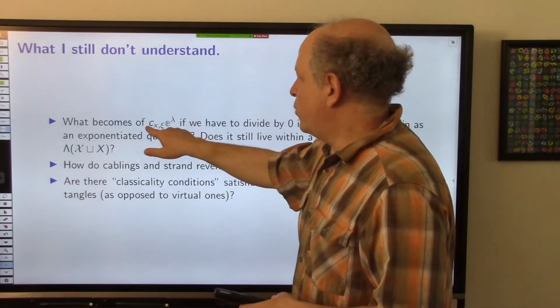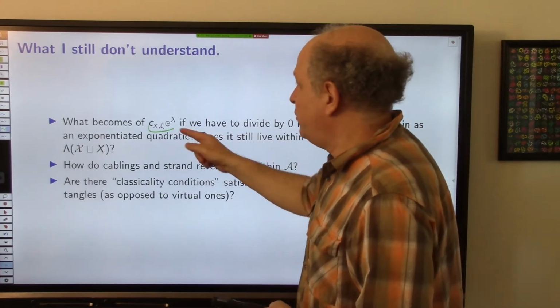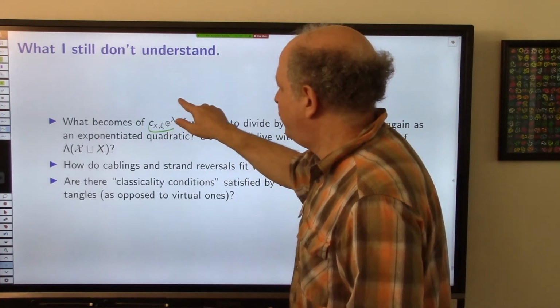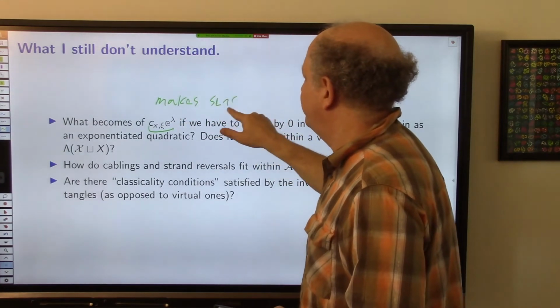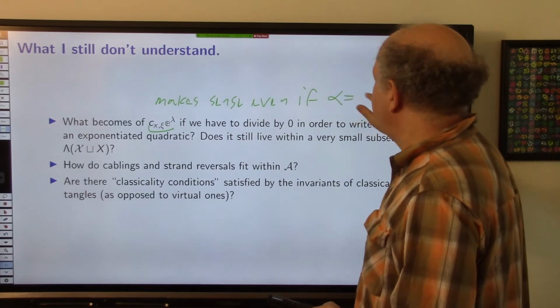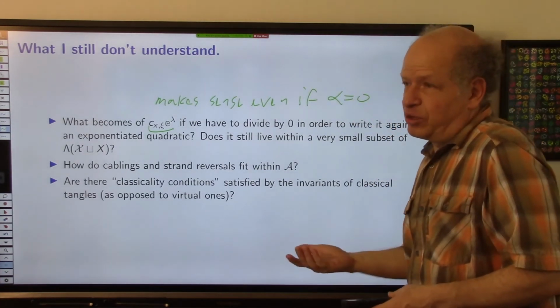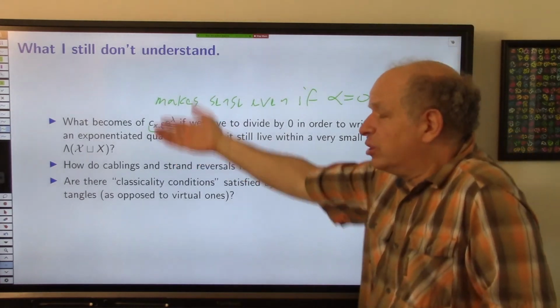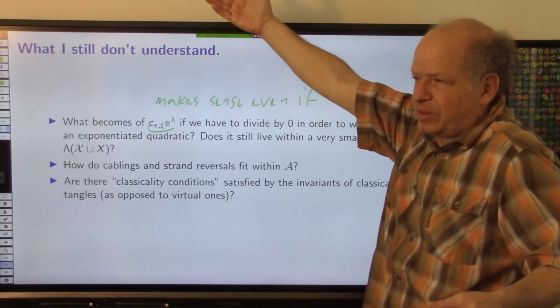So the contraction of an exponential makes sense even if alpha is equal to 0. If alpha is equal to 0, the result will not be an exponential. But what will it be?